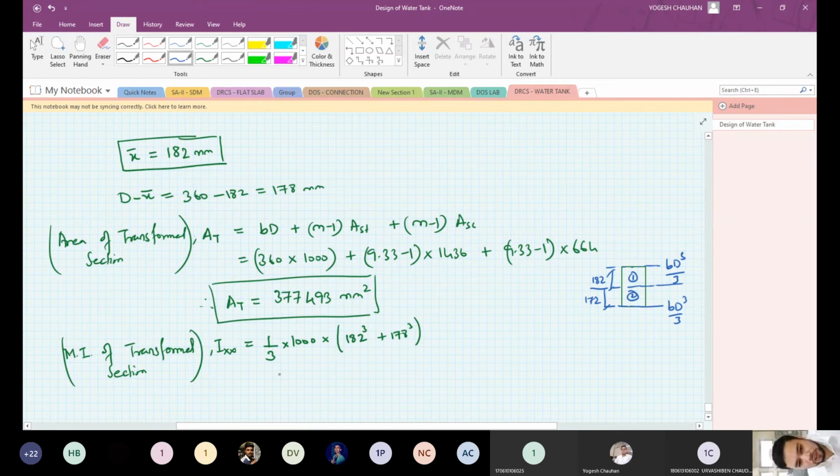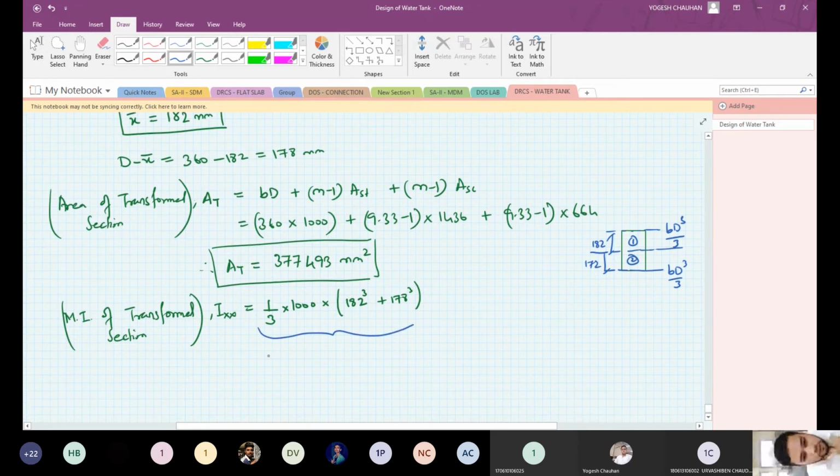Or instead of this, you can also use BD cube by 12, this 360 BD cube by 12 plus A into x bar square.